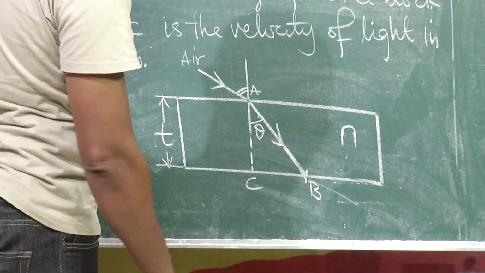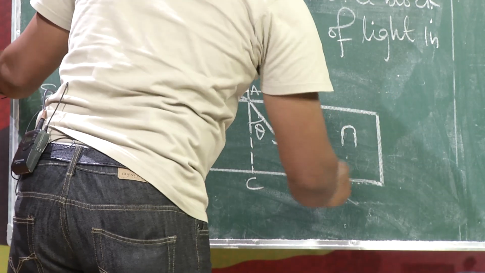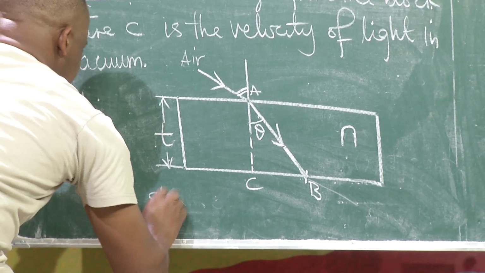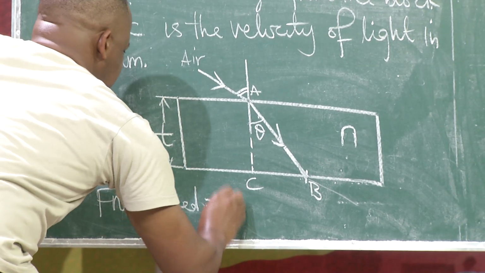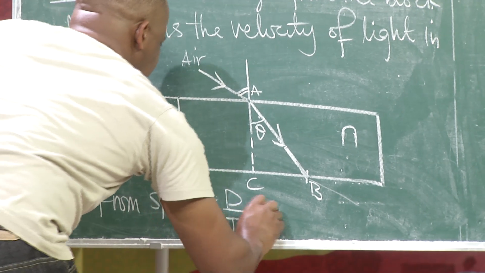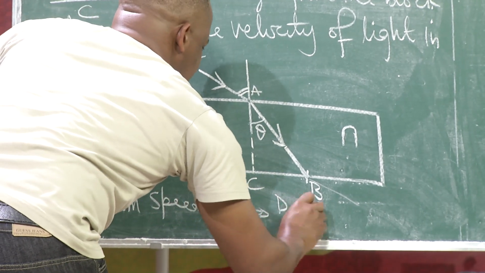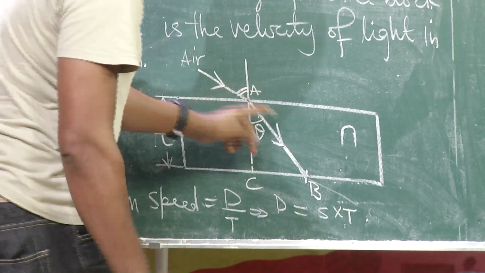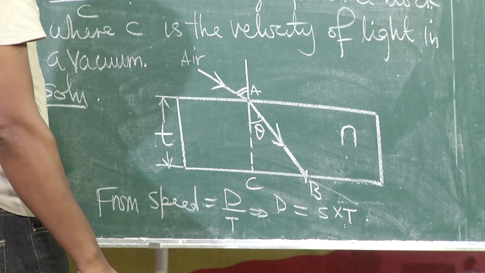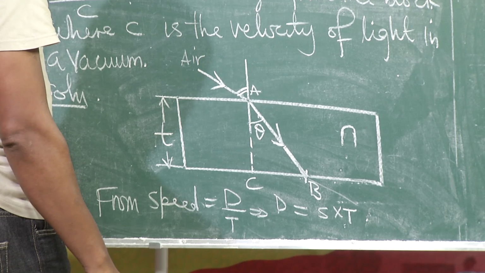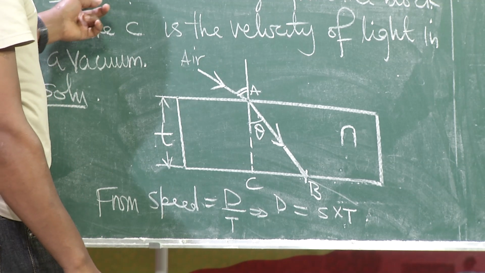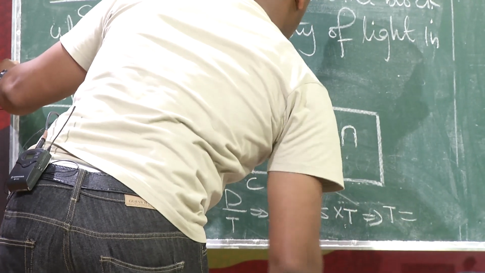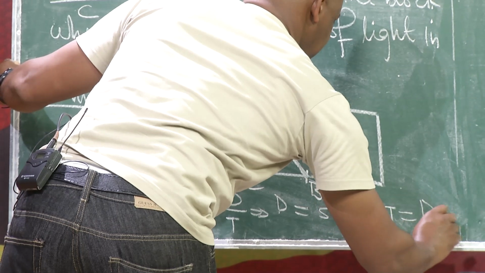Since we know that speed is equal to distance over time, we are interested in finding the distance as speed times time. So we'll need distance AB, and we want to find the time it takes there. So the time from that expression will be obtained as distance over the speed.